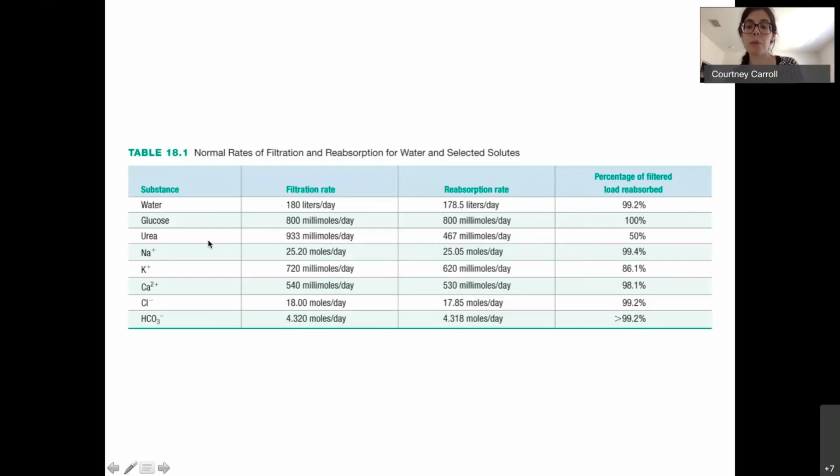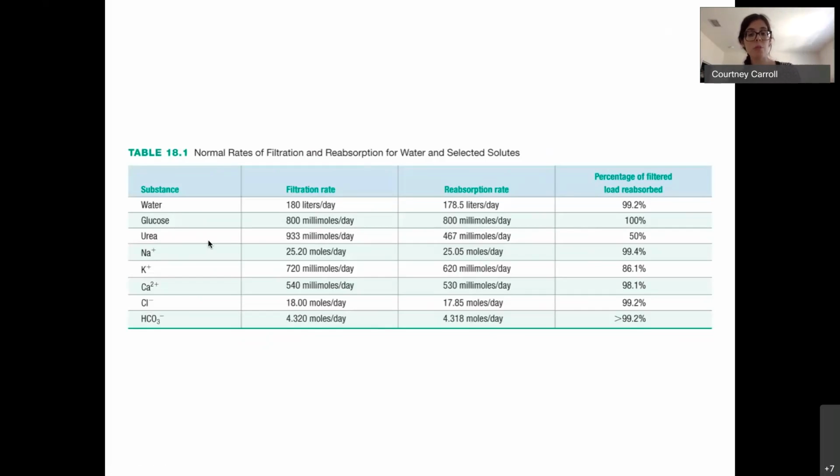Urea, that's the waste product that comes from the breakdown of proteins and specifically of amino acids. You reabsorb about 50% of it. So even though it's waste, about half of it is reabsorbed. Now, we'll talk about urea. It doesn't end up back in the blood for the most part. It helps create this nice concentration gradient, but that's important to keep in mind is that you're not excreting out all of your urea all the time.